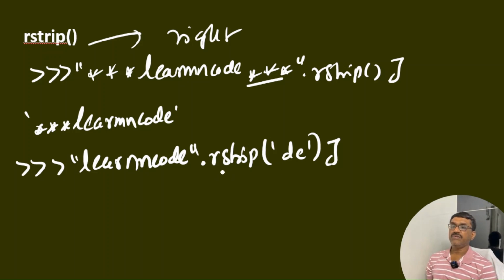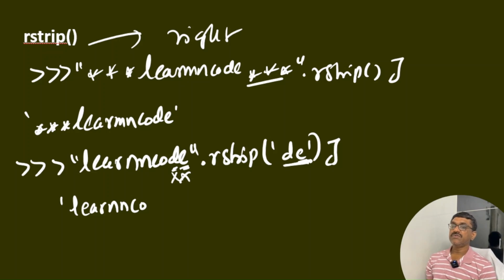But when you use rstrip, it is going to compare the characters DE from the end. See here, the first character is E, E is there. Next to it, D is also there. Now E is removed and D is removed. And whenever you get O, it is going to stop. Why? Because there is no match. Now the output you are going to get here is learn and CO. DE will be removed.